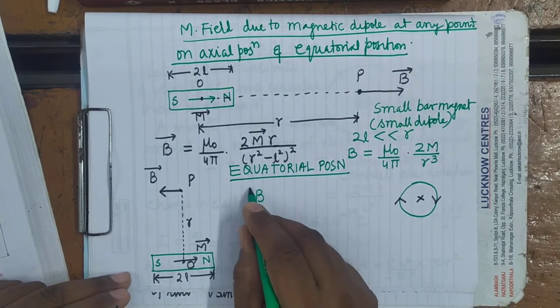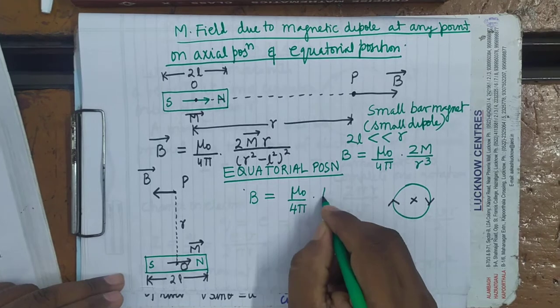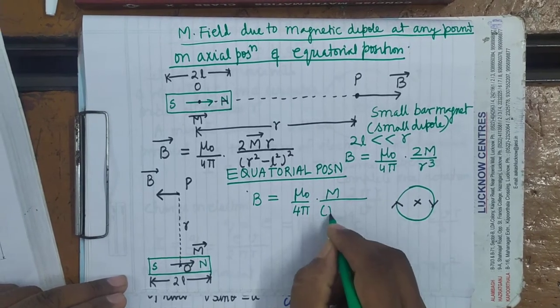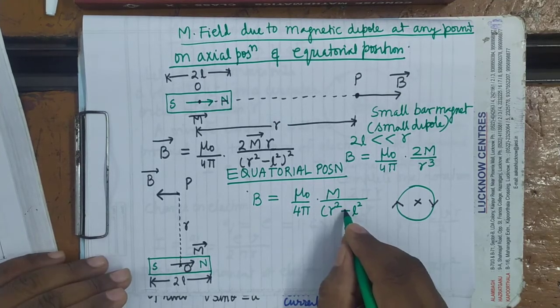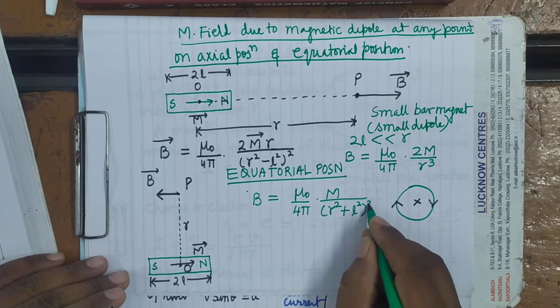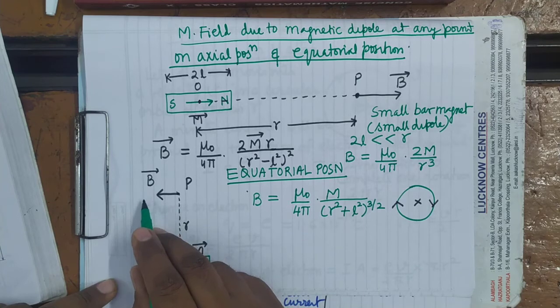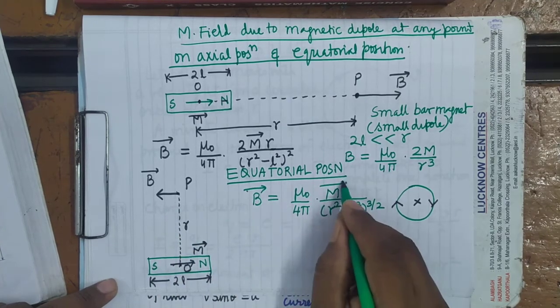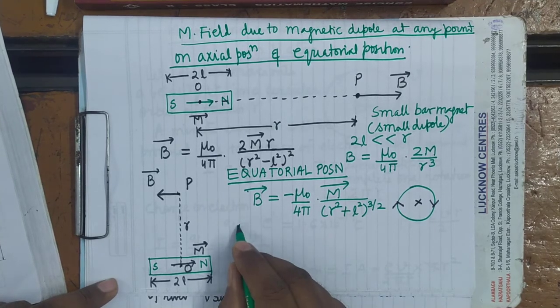You have seen that vector B equals mu naught upon 4 pi into m upon (r square plus L square) whole to the power 3 by 2. It's clear. This is the formula. If you see, both are in opposite directions. So vector M is in this direction, vector B is in this direction. If you write it in vector form, you have to introduce a minus sign here. It's clear.